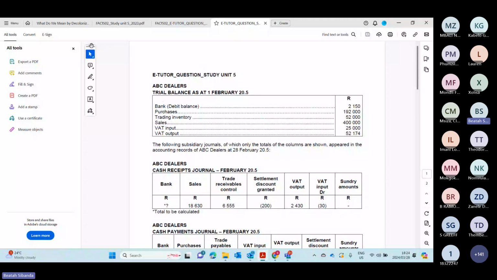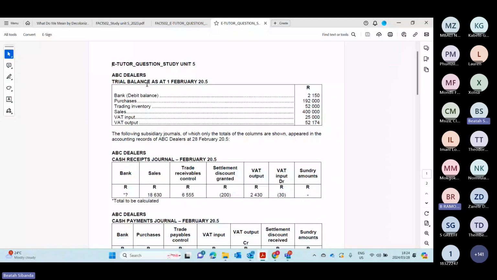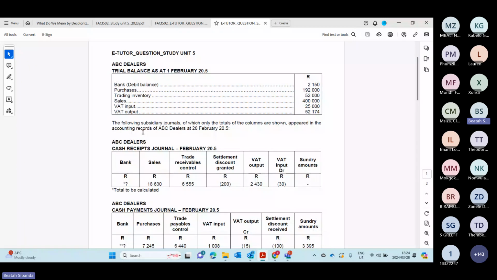Yes. Okay. So this is the question that we are going to do today, which is based on study unit 5. So I just gave you a background of the key terms that we are going to encounter in this question. So I've explained to you the types of journals, which are the books of prime entry, and I have explained to you how we transfer these amounts from the journals to the general ledgers.